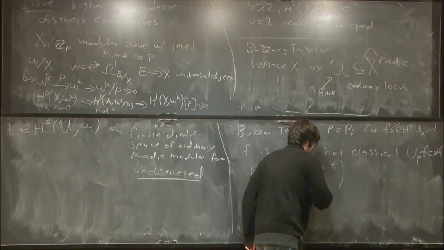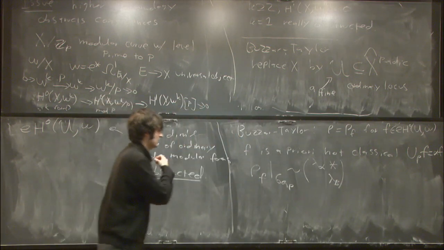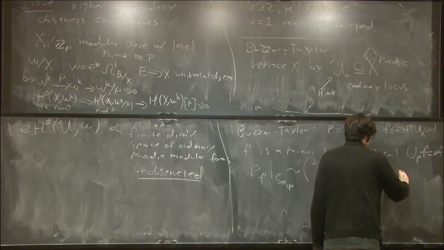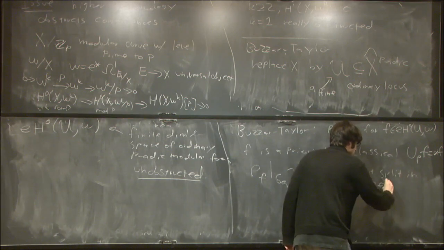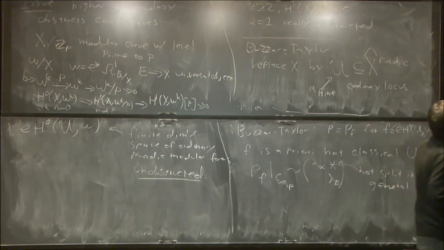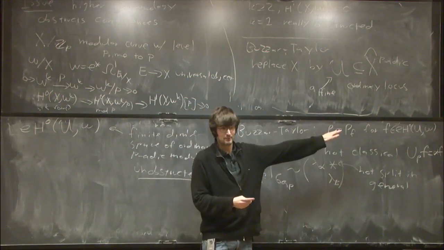But in general, you'll get a ramified extension, something like this. And this thing will be not split in general. But of course, we assumed that our Galois representation is really split. And thus, our modular form should really be modular.